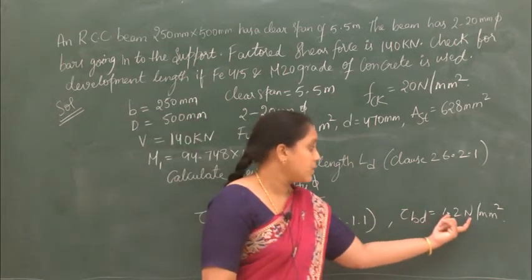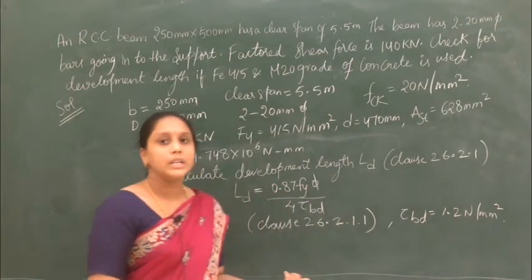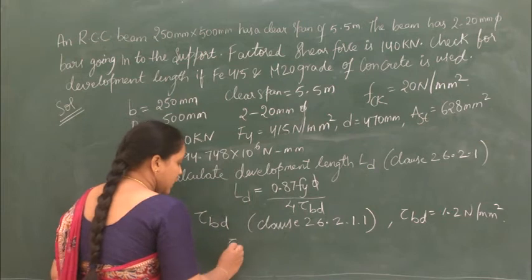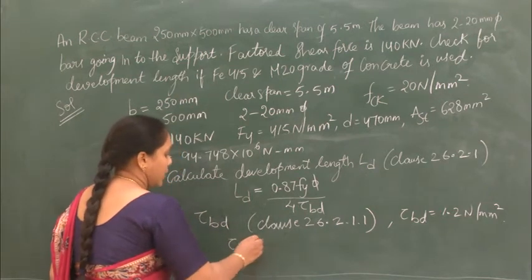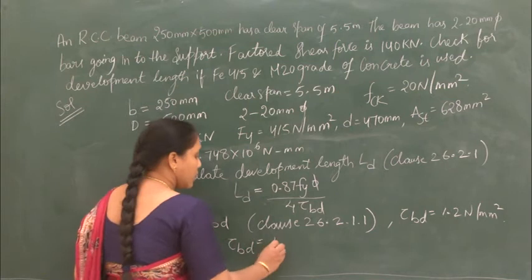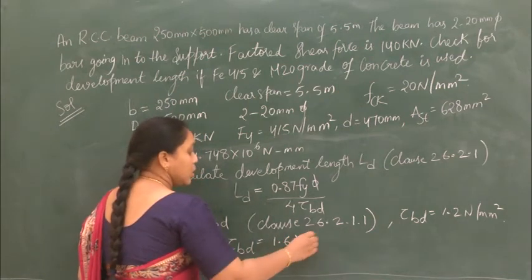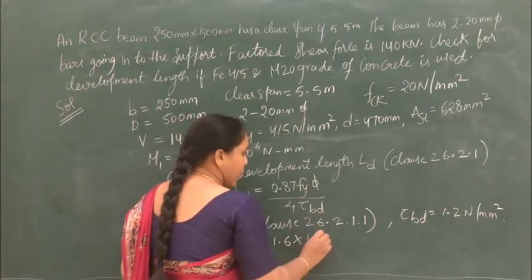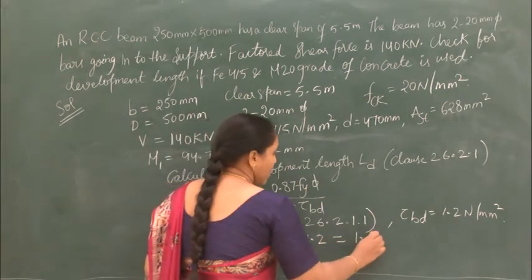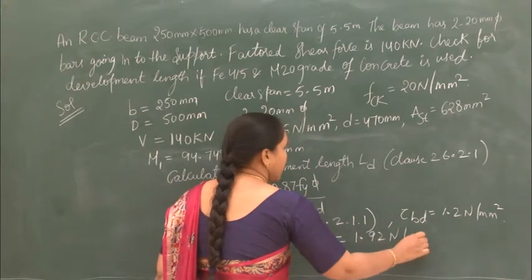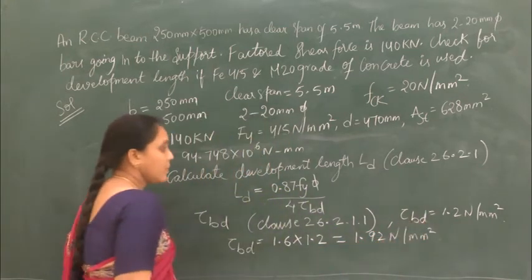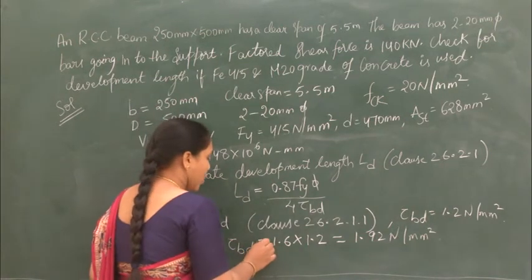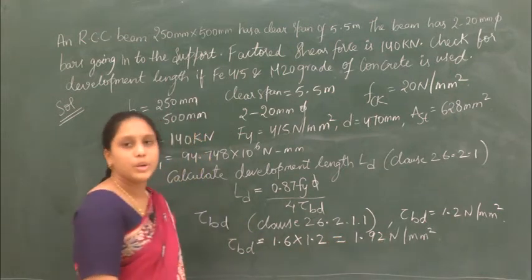That is, for this particular value, you should increase up to 60%. Okay. So based on that, let us calculate the tau BD value. So 60% in the sense is what? 1.6 into this value for the grade of concrete 20. That is 1.2, which will give you 1.92 Newton per mm square. Okay. So the tau BD value, how much we have got here? We got it as 1.92 Newton per mm square.